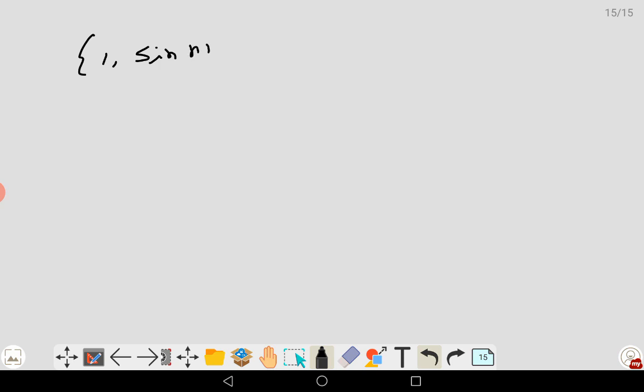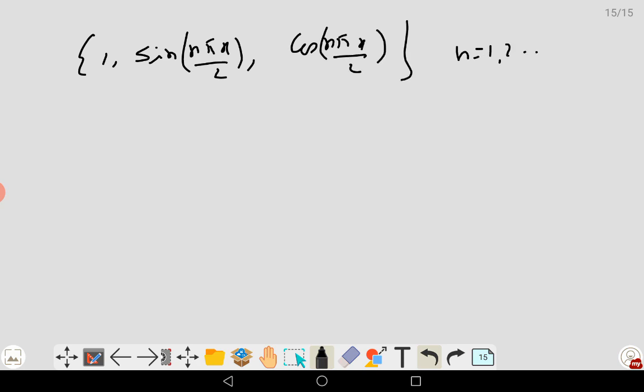So we have proved the collection of all sin n pi x over L and cosine n pi x over L, where n is 1, 2, 3, 4, is the solution of the periodic boundary value problem, that is the Sturm Liouville boundary value problem.